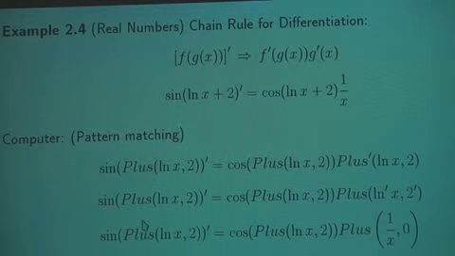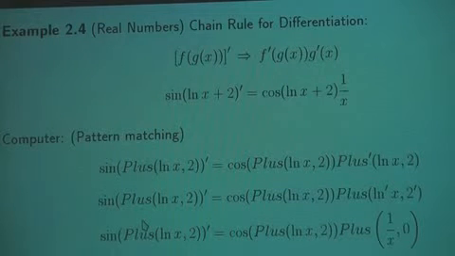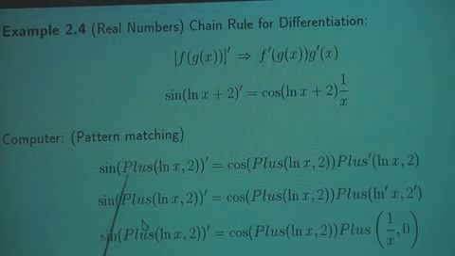Why? Because maybe you even had the problem to match the plus with the g. So maybe it's better to write it in this form: the sine of, and then this plus operator applied to two arguments, ln x and 2. And on the result of this, we apply the sine.